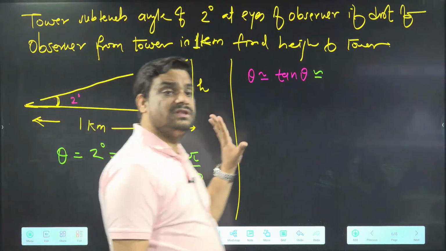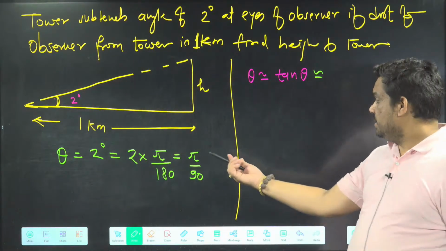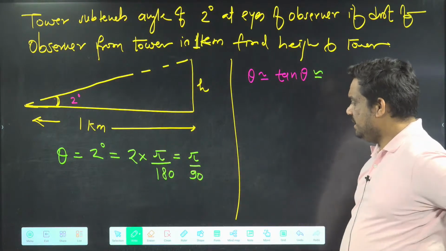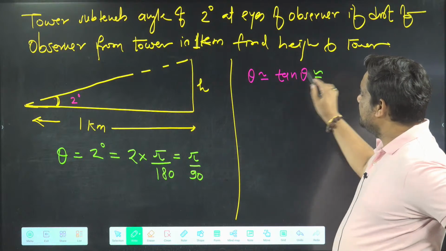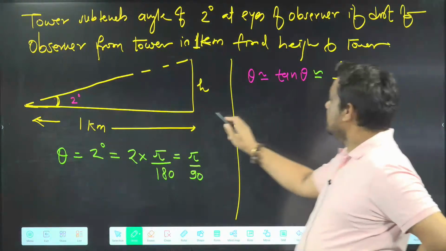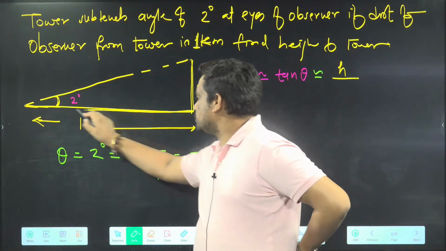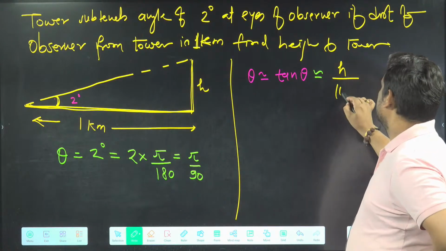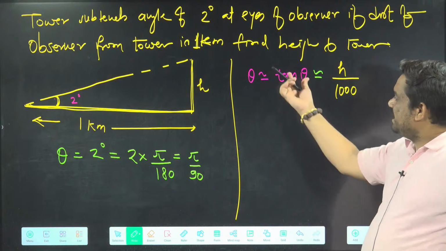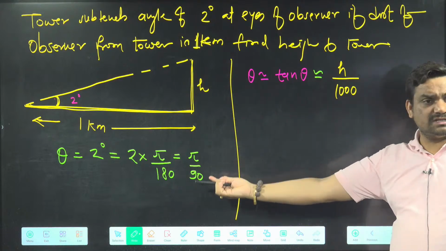Tan theta will be h divided by the distance, and 1 kilometer means 1000 meters. In place of tan theta, I can put the theta value, pi by 90.